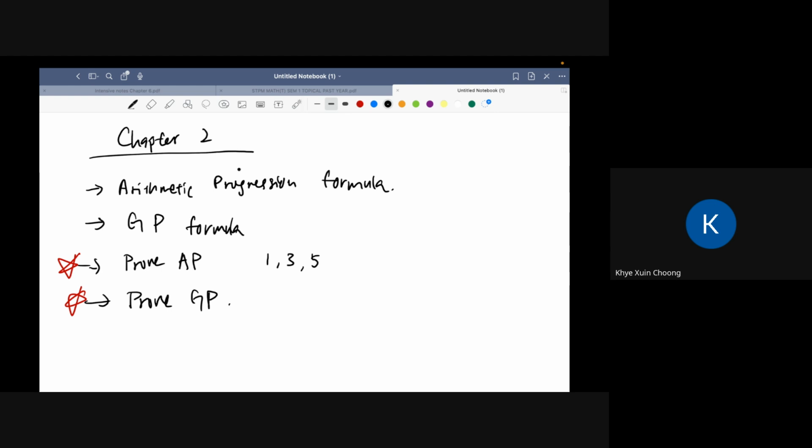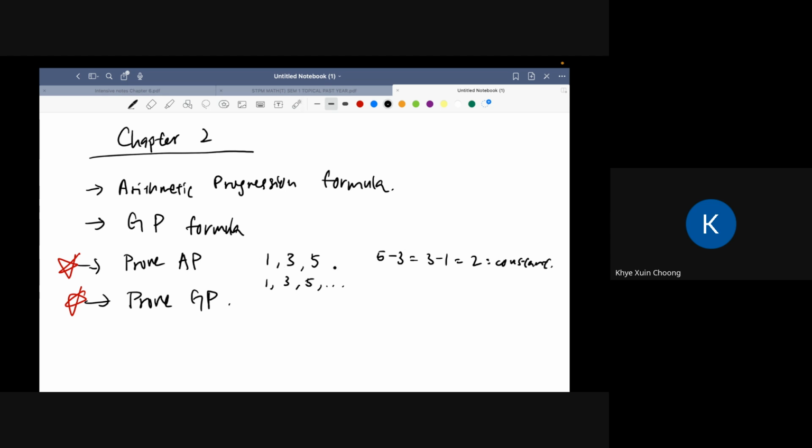If it says like this, then you can just do 5 minus 3 equals 3 minus 1 equals 2, equals a constant. Then you can say that it is an arithmetic progression. But if there are dot dot dot at the end, then you cannot do this.